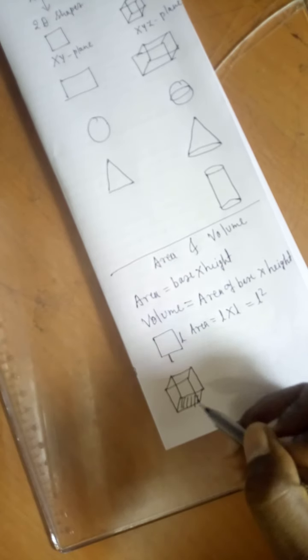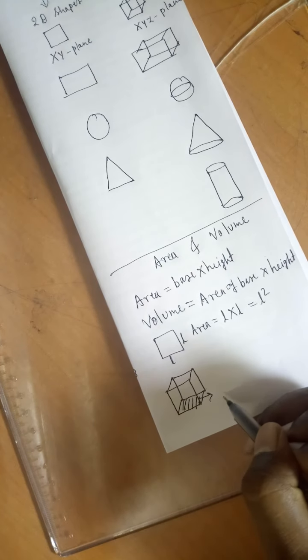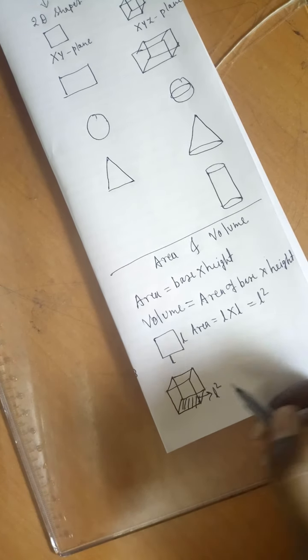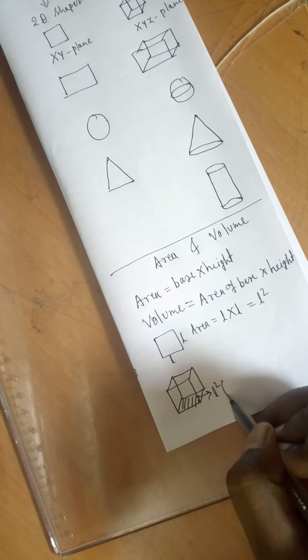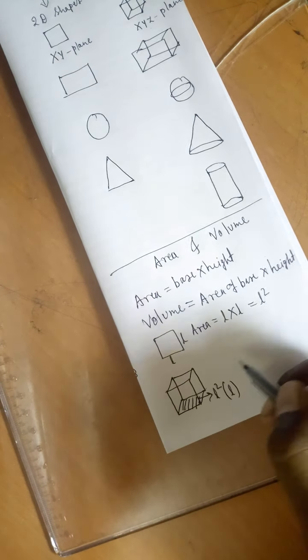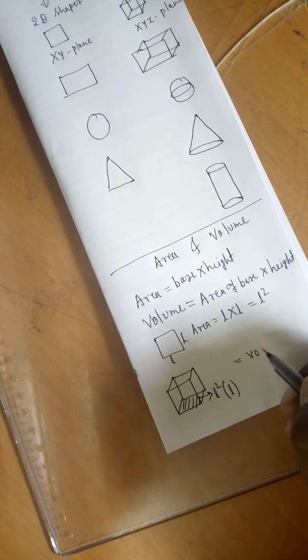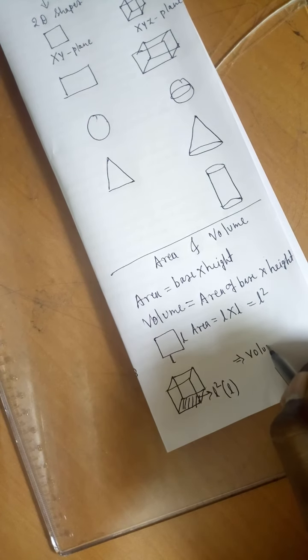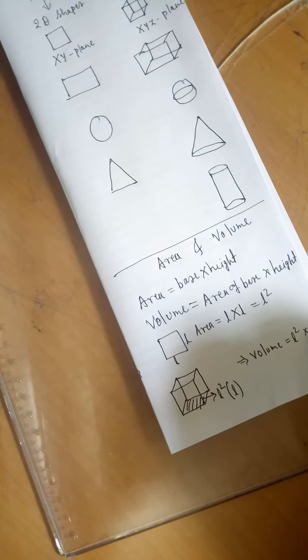And when I talk about its volume, as I said, it's a cube, each side is a square. What will be its base? This is its base. So its base is nothing but a square, and its area of base is L square, and height is also L. Therefore, in this case, volume will be area of base into height.